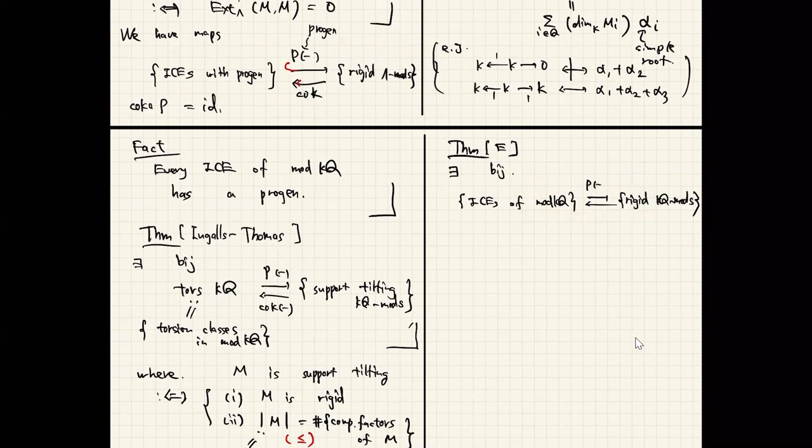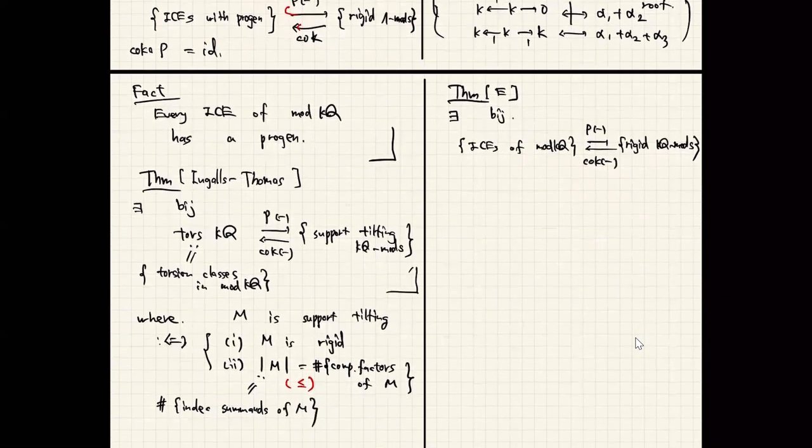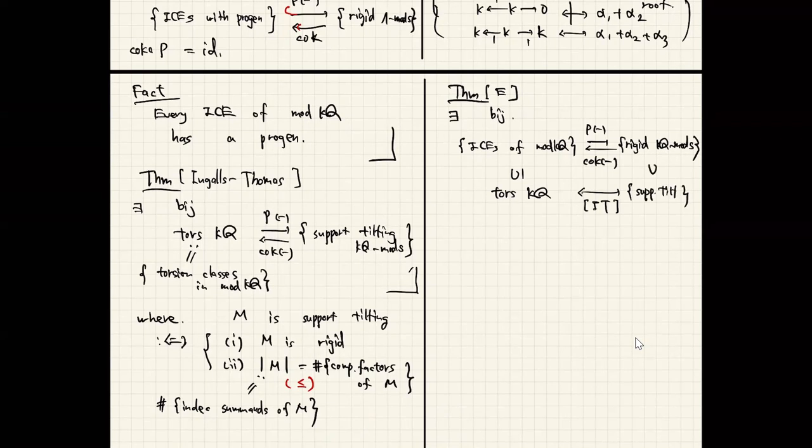So the map is the same, taking progenerators and taking COK of rigid modules. And of course, this extends the bijection between torsion classes and support tilting modules established by Ingalls-Thomas.